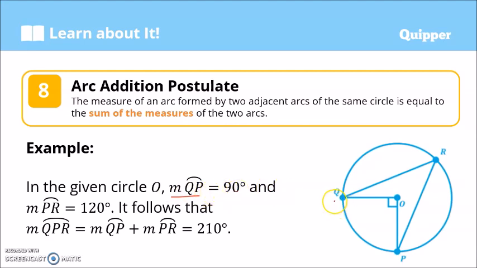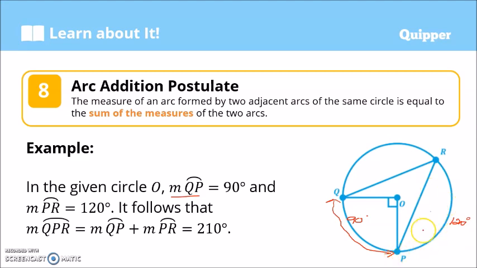So, eto daw dito, yung arc na ito, this is 90 degrees. Okay? 90 degrees. So, mula kay Q hanggang kay P, this arc is 90 degrees. Okay, sulat natin 90 degrees. Si ano naman, measure ng arc PR is 120 degrees. Arc PR, ito, dito na lang sa labas, 120 degrees.